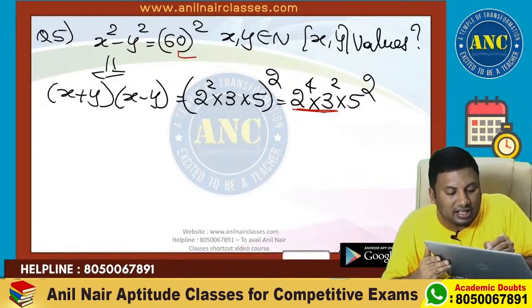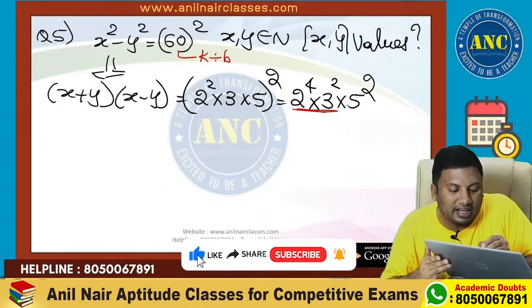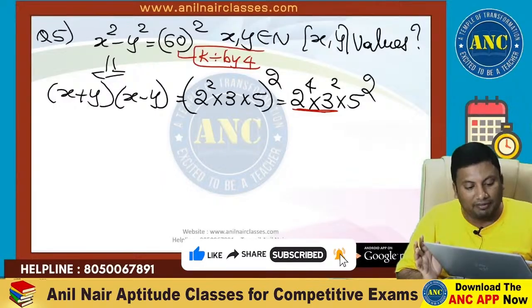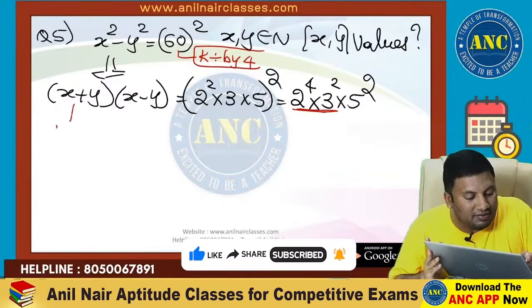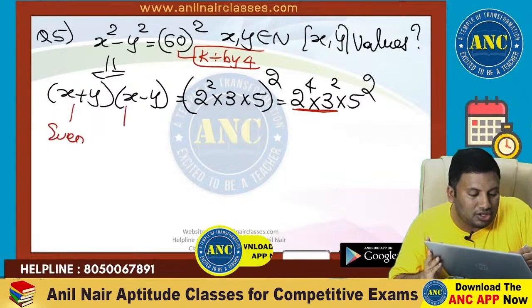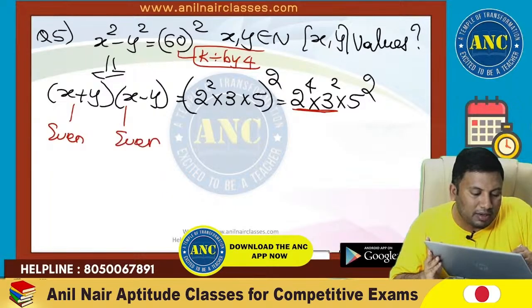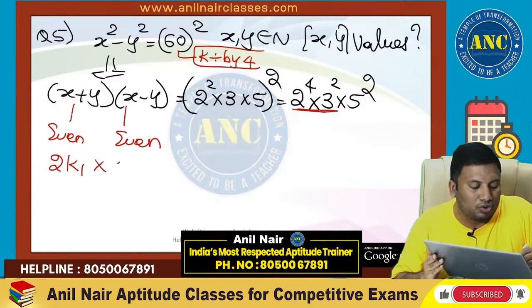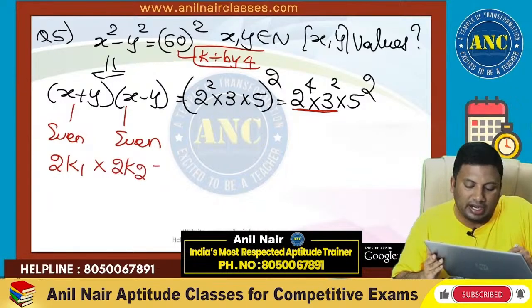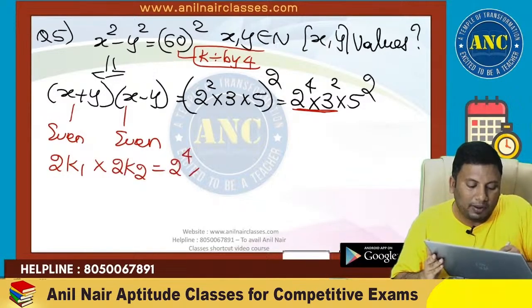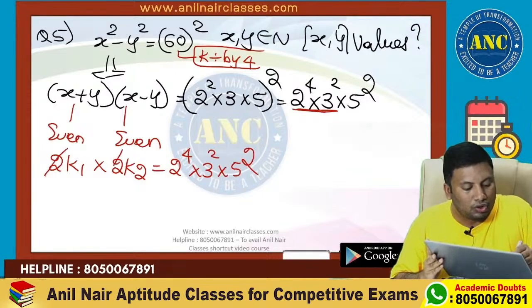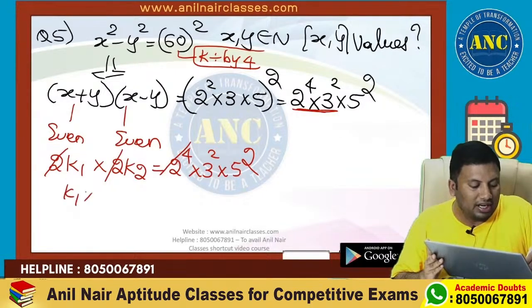That means this is the case where the right hand side is divisible by 4. If so, x plus y should be an even number, x minus y should be an even number. An even number is of the form 2k1, here it is 2k2. These 2^4 into 3^2 into 5^2, 2 cancel. So k1 into k2.